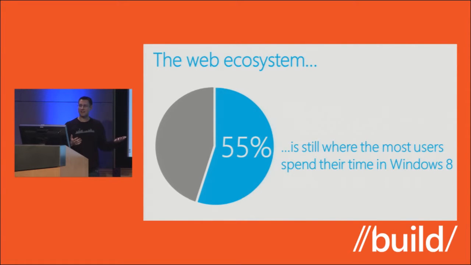So we've got about 10,000 apps in the marketplace. We certainly don't have as many as iOS at this point. But even if you survey iPad developers and iPad users, the telemetry still sits at about 40 to 45% of the time in an iPad is spent in the browser. And that's with a marketplace of over 500,000 apps.